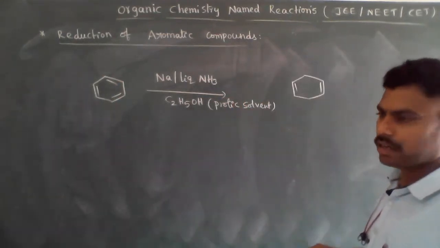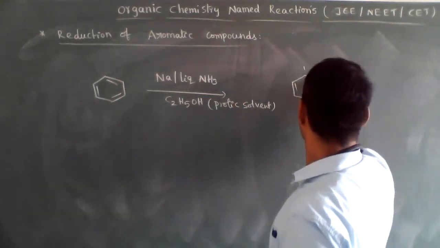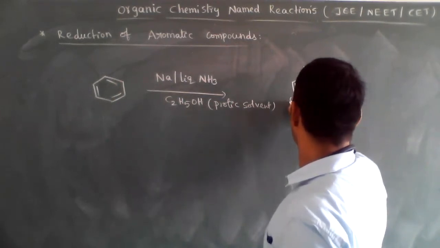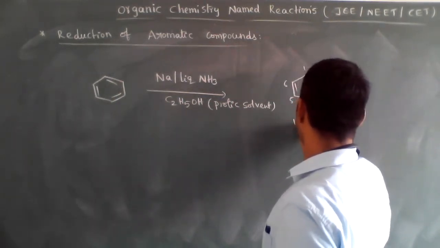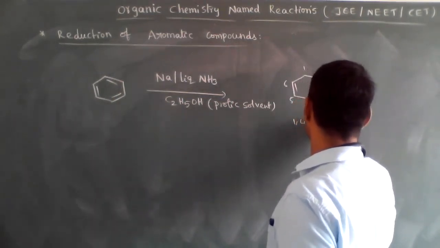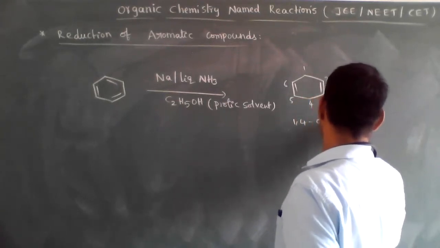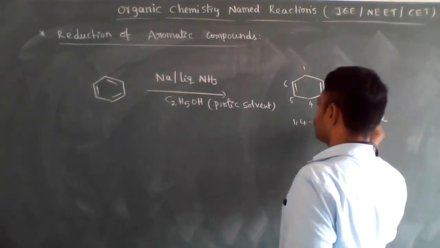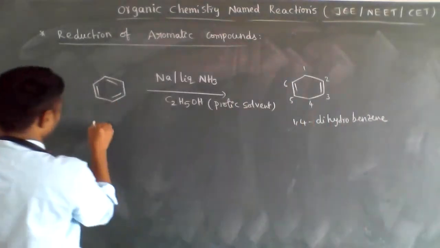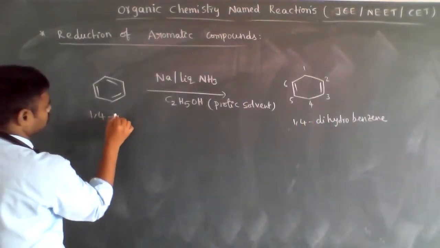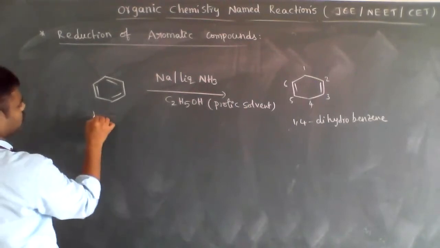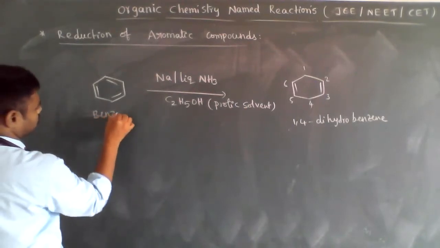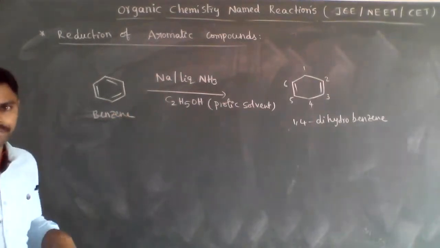1,4. 1,4 dihydrobenzene. The benzene is converted into 1,4 dihydrobenzene. Okay.